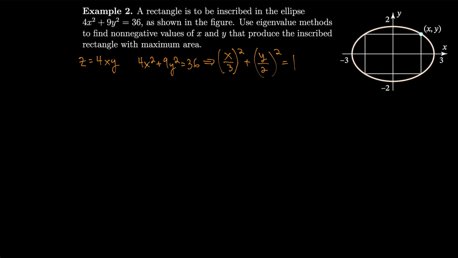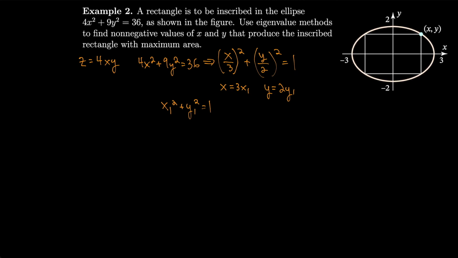So how about we take x and set it equal to 3x1, and we'll take y equal to 2y1. That'll help us get the constraint that we want, where x1 squared plus y1 squared would equal 1 under those new variables x1 and y1.